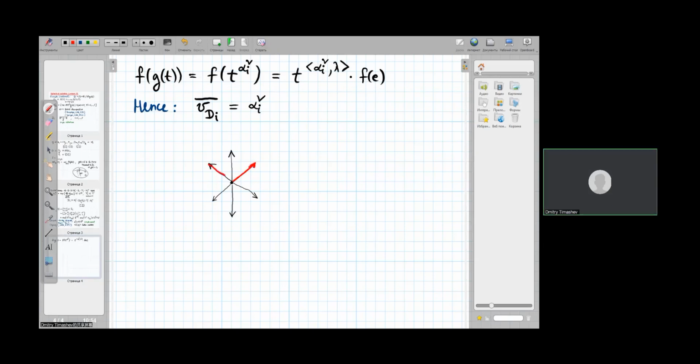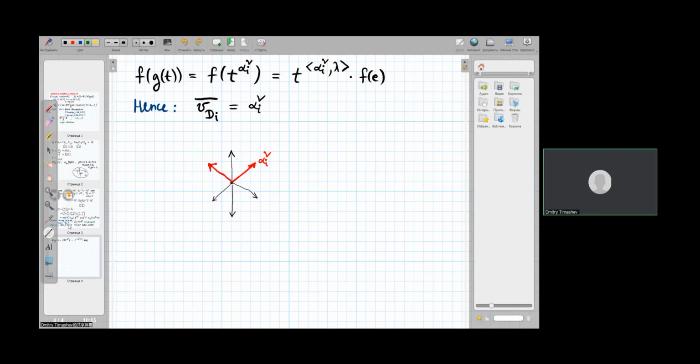So these are simple coroots, alpha i check. They represent the colors. And the valuation cone is the negative Weil chamber corresponding to these simple coroots. That is the cone which is negative dual to the cone spanned by simple roots.